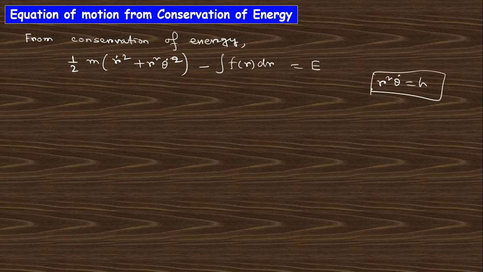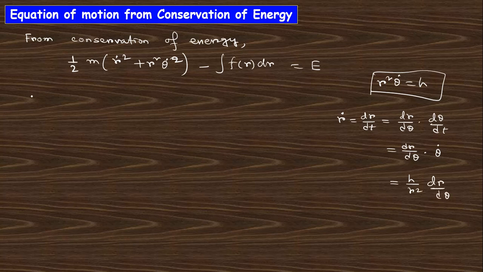Again you can see r dot equals dr dt. So this is dr d theta into d theta dt, so dr d theta into theta dot, and theta dot you can write as h by r square. So this is h by r square dr d theta. This is r dot.